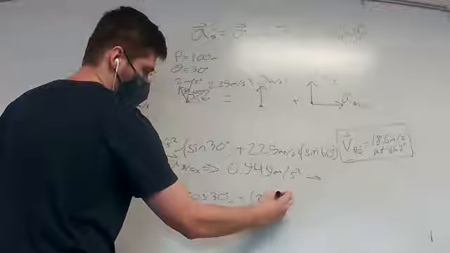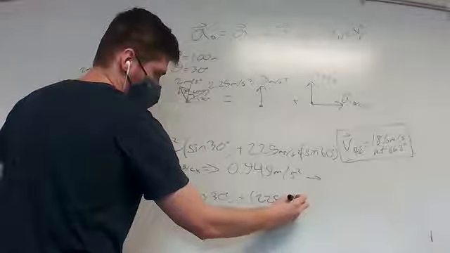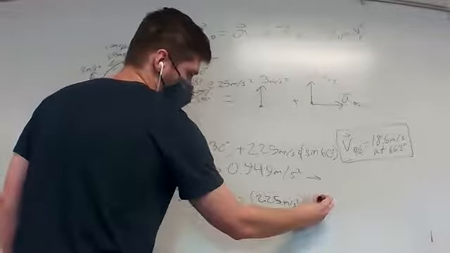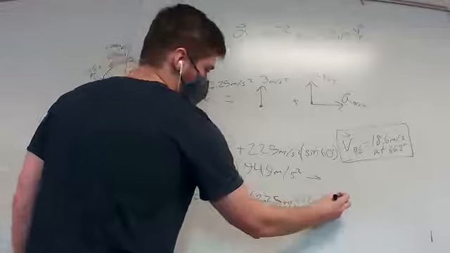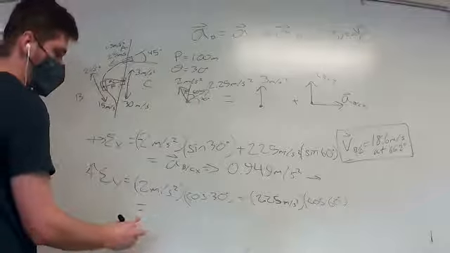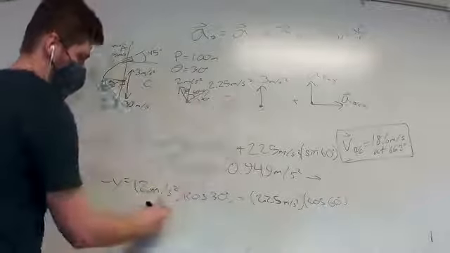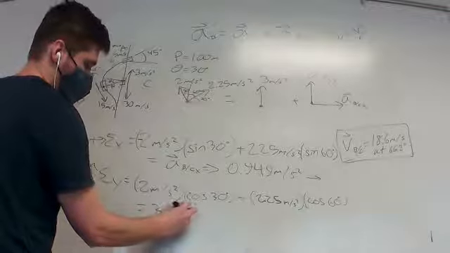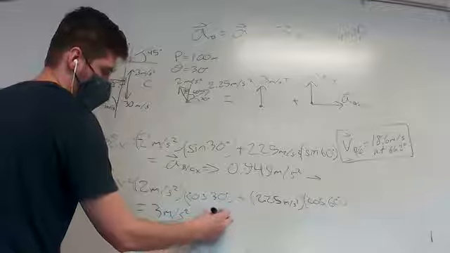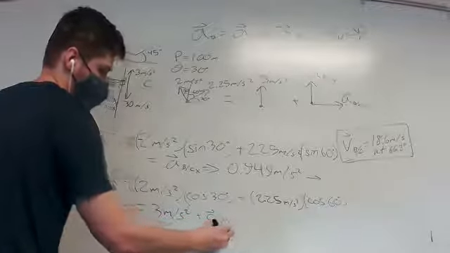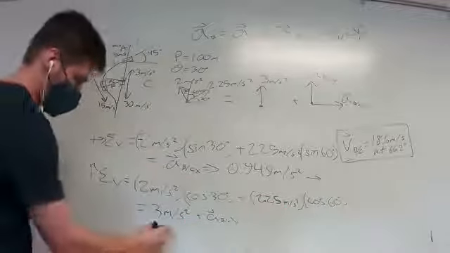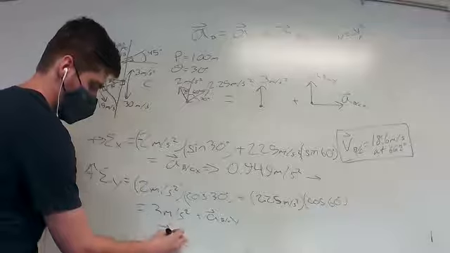We use cosine because of the geometry, and 2.25 meters per second squared times cosine 60 degrees. And this is all equal to plus 3 meters per second squared plus the unknown ABCY.